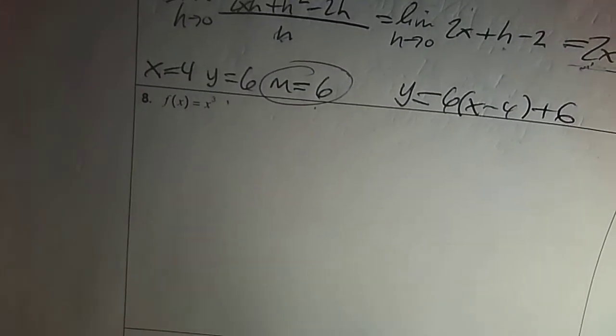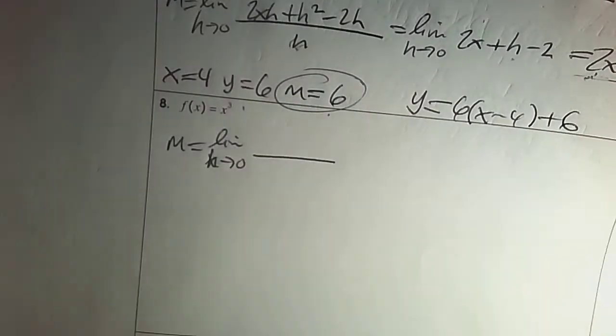All right, number 8. We got 2 more to do. X cubed. So to find that slope at any x value, the limit as h approaches 0, f at x plus h, subtract f at x all over h. So there's your little slope formula.